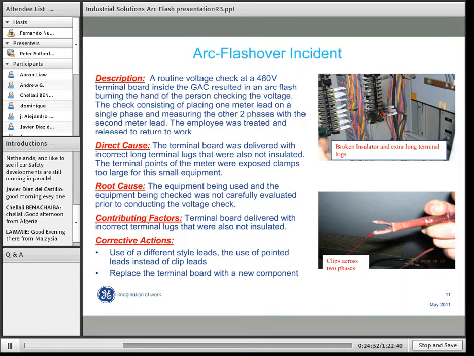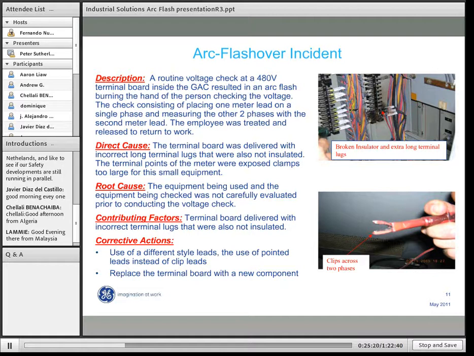So they placed one meter lead on one phase and use the other meter lead to check the other two phases. And what happened when doing that is that an arc flash occurred and the employee was burned. And in this case, it was not severe, so they were able to return to work.